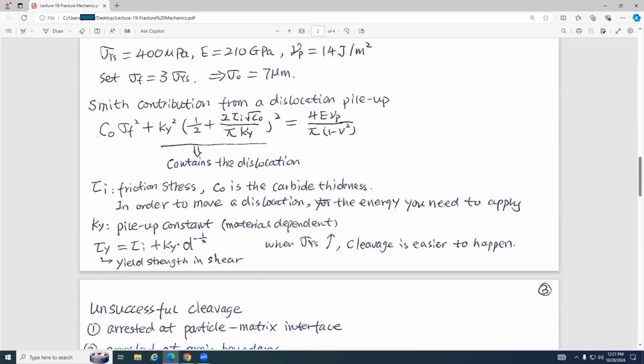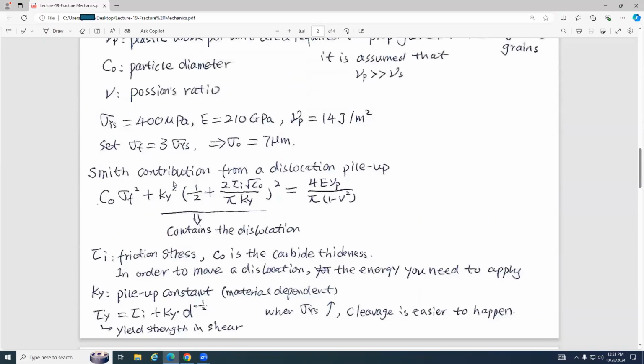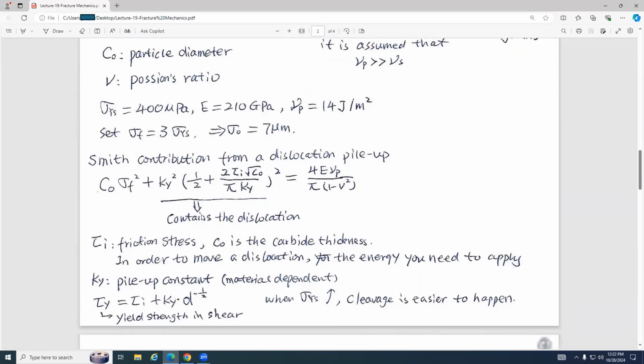Based on this equation, we want to calculate sigma 0, the critical diameter of the inclusion particle. Under this loading condition, what is the particle diameter that can cause the crack to propagate? Definitely this is a model.